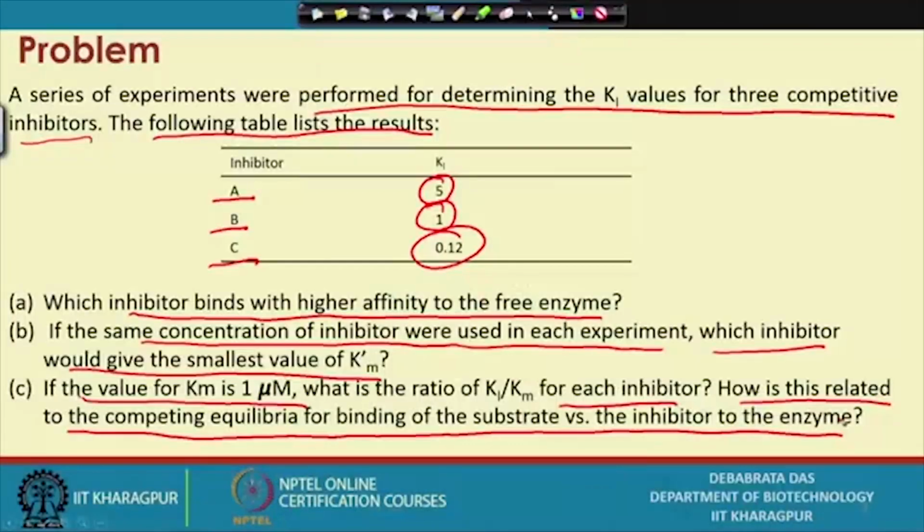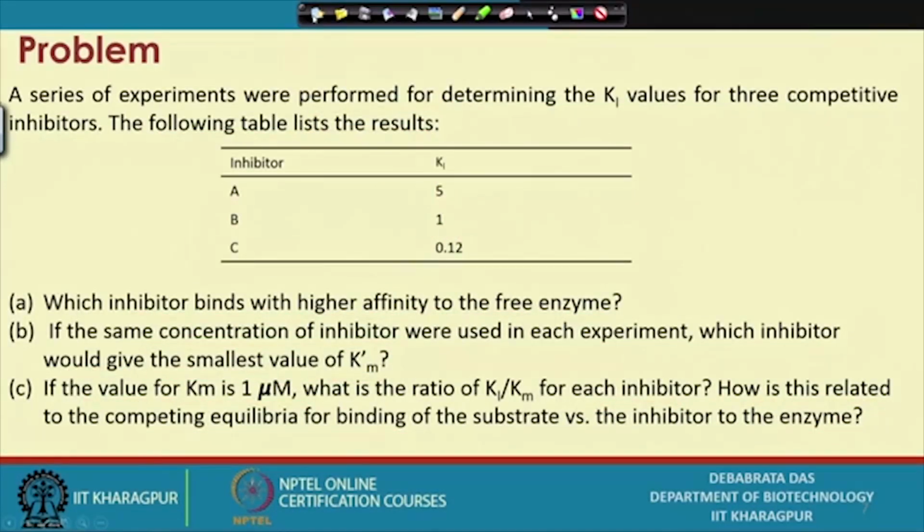But in partially competitive inhibition, the inhibitor binds other than the active site, causing some conformational change of the active site, so the substrate cannot interact with the enzyme. So we want to find out how they compete with the active sites in this problem.